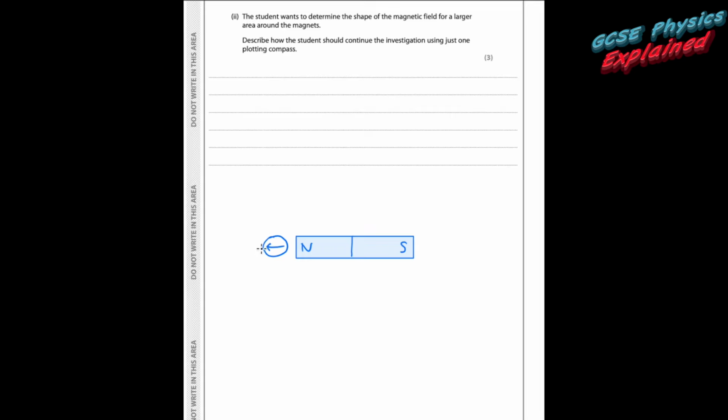Now if you do a little dot where that north's pointing and then move the compass there, it'll start to come round here, put another dot there, put your compass there, it'll point there, do a little dot, and if you keep on doing that, putting a little dot and then moving the compass next to the dot, it should go round like this.